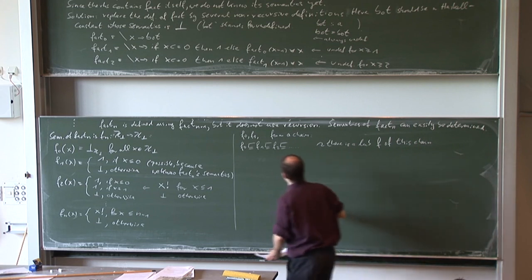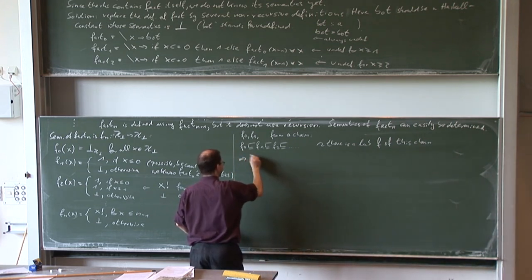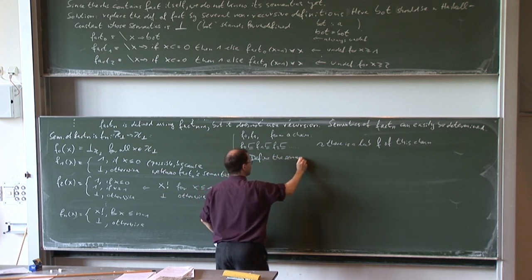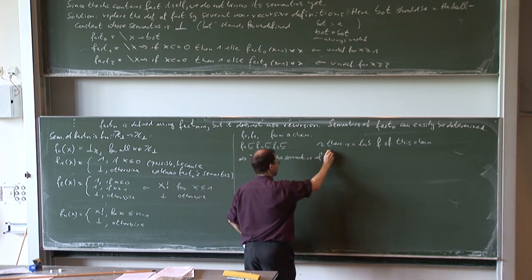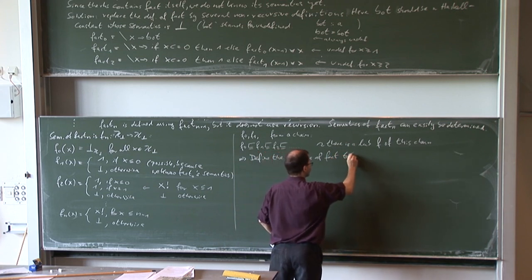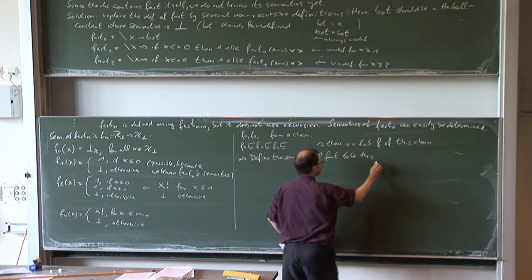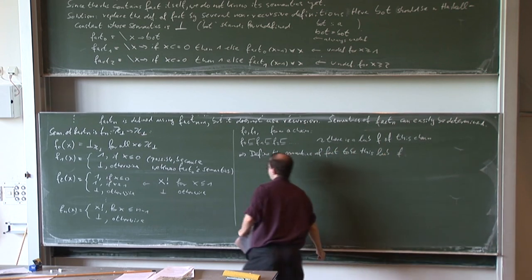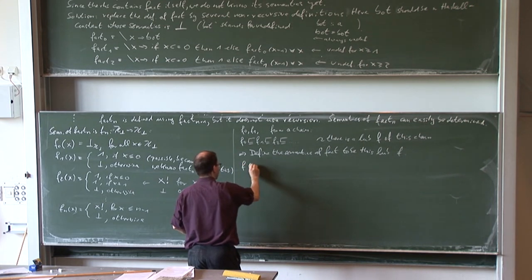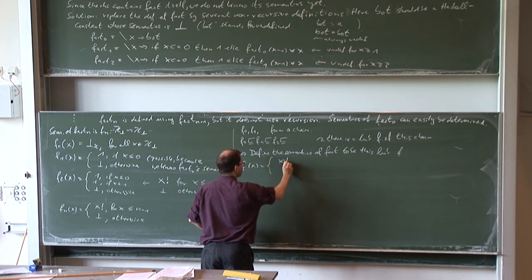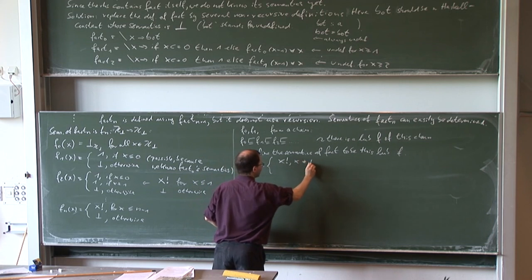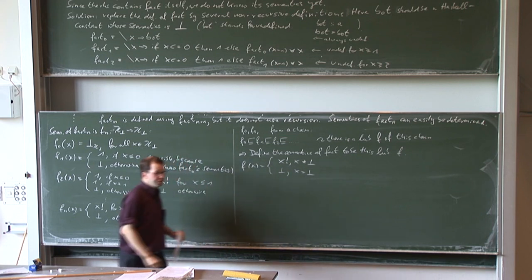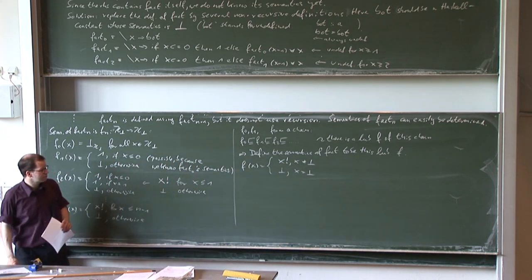And the idea is to define the semantics of fact to be this least upper bound f. So in our example, we know how this f looks like. Here, f of x gives us factorial of x whenever x is not bottom, and it gives us bottom if x is bottom. So this will be the semantics of fact.